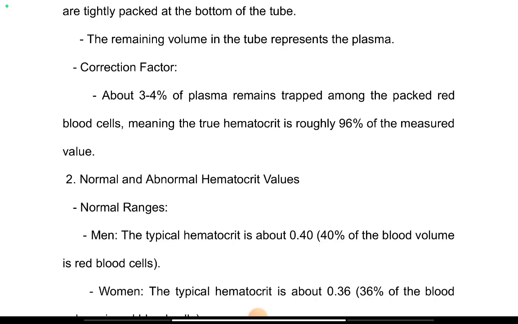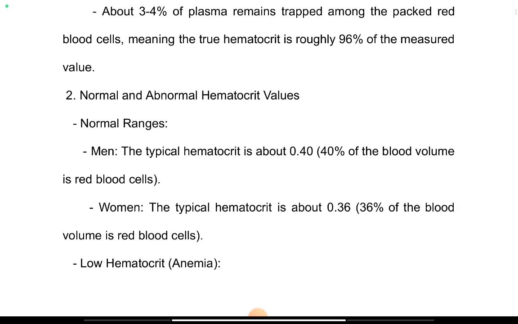The normal value, as I've said, is 40%, 0.4, while in female it is about 36%, 0.36. When you have a low hematocrit, that's anemia, which could be graded in terms of severity. A man that has a hematocrit level of 0.3 cannot be compared to someone that has a hematocrit level of 0.2. So anemia also occurs in terms of severity. That's just anemia.